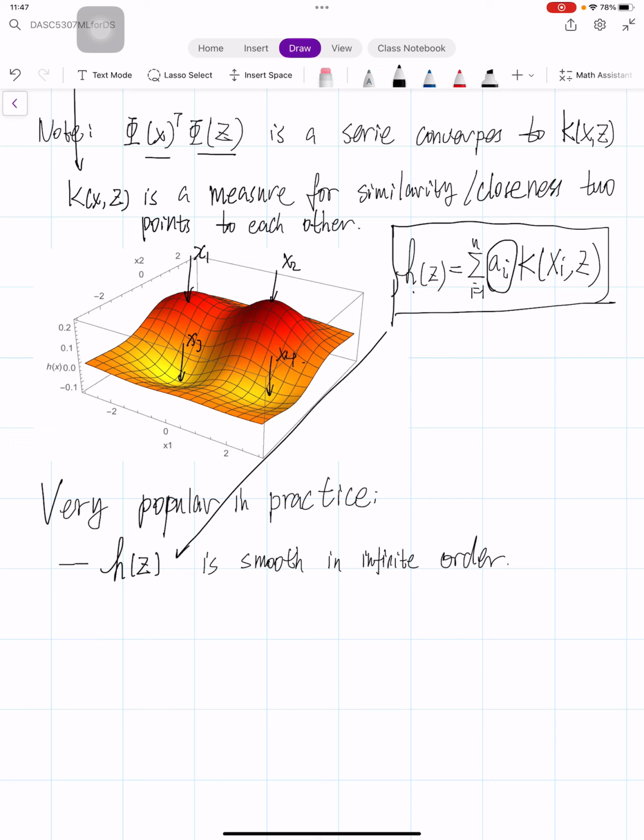So it behaves similar to k nearest neighbors, but smoother.